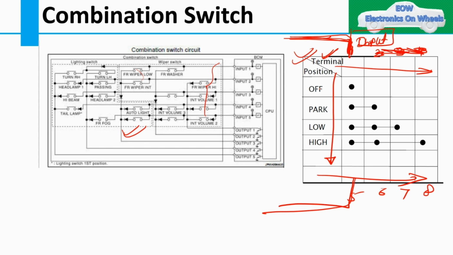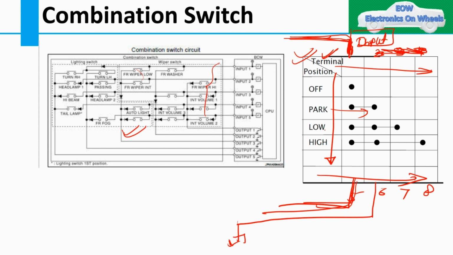Suppose my combination switch is in the first position and I am taking this output. There would be no connection from this, and nothing will happen on your headlight or any lighting system. But when you come to the second position, park, and you have connected this connection to your lighting, it should be connected to your parking light or tail lamps.